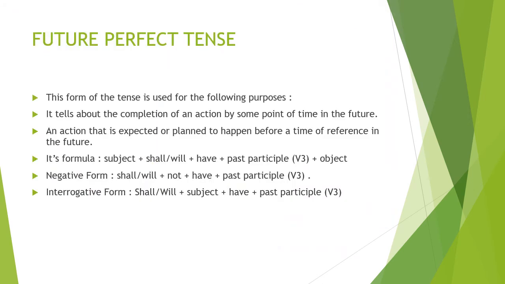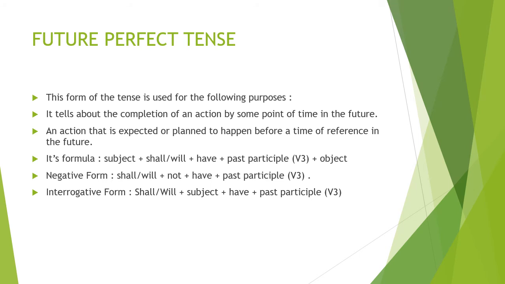Future perfect tense. This form of the tense is used for the following purposes. It tells about the completion of an action by some point of time in the future. Completion, keep in mind, means the action has already completed.